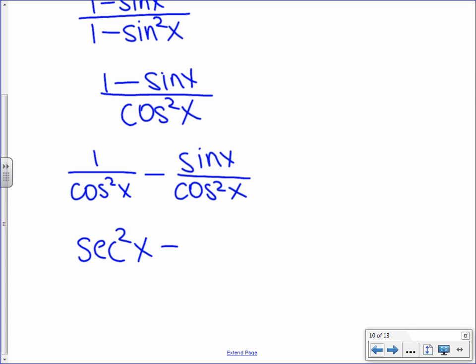Okay. And what we can do here with this one, we have 1 sine upstairs and 2 cosines downstairs. So we can write this as sine of x over cosine of x times 1 over cosine of x. So we're kind of splitting the multiplication of the denominator. Do you see how that works?